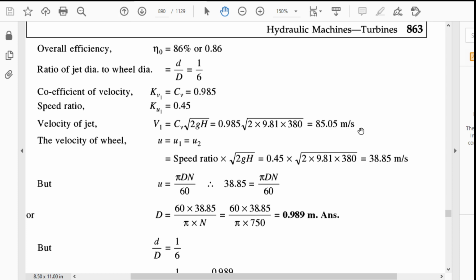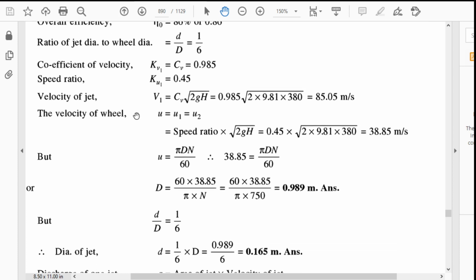So 85.05 meters per second is your velocity of jet at inlet, that is v1. Now from the velocity triangles, this statement can be directly written: u1 equals u2 equals u.